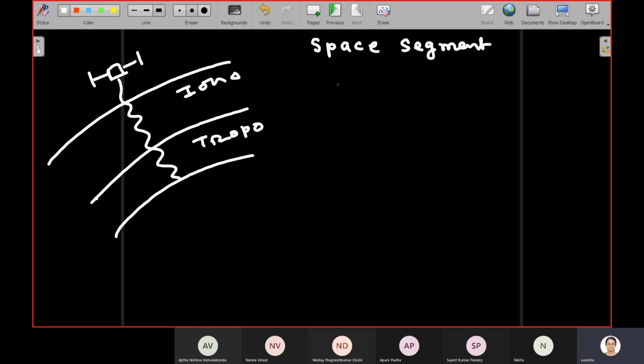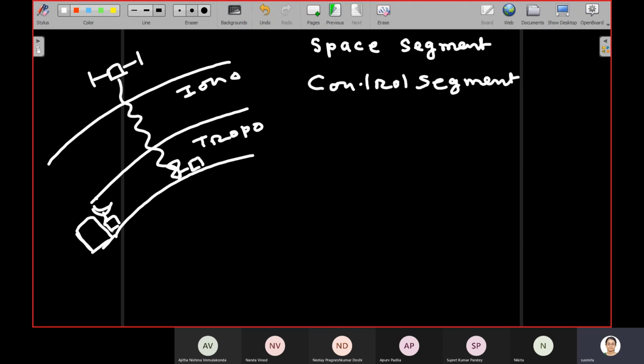So they transmit signals towards the Earth. The second segment is called the control segment. The control segment is actually responsible for maintaining the constellation.